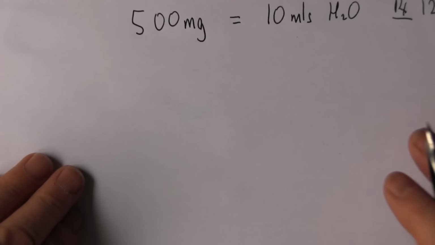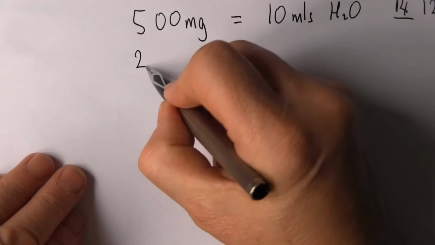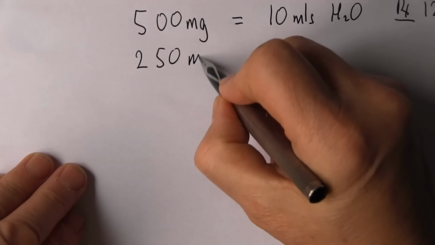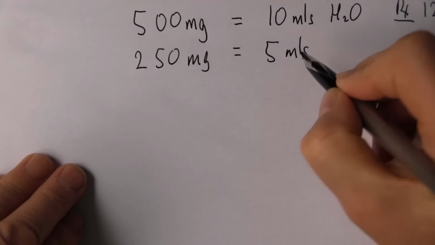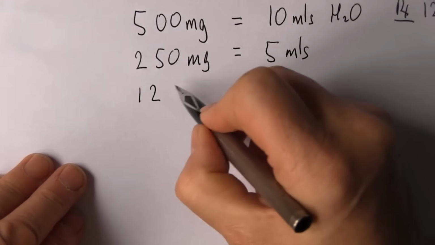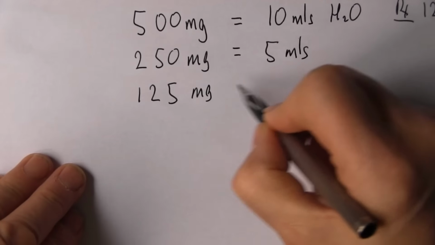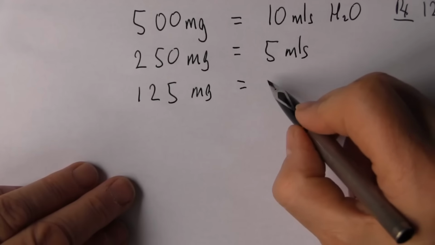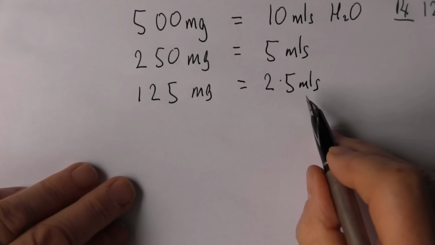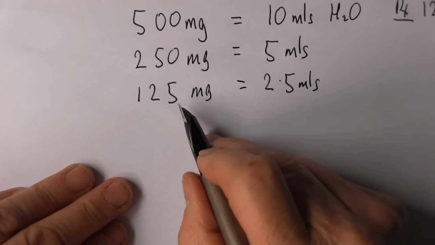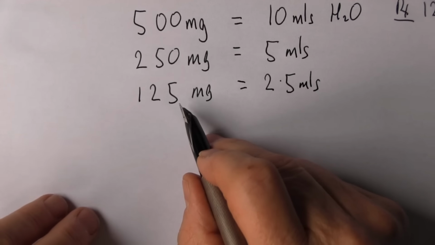So 500 milligrams equals 10 mils, so I'm going to half that. 250 milligrams is going to equal 5 mils. Half that again, 125 milligrams is going to equal 2.5 mils. So every time I give 2.5 mils, I'm giving 125 milligrams.